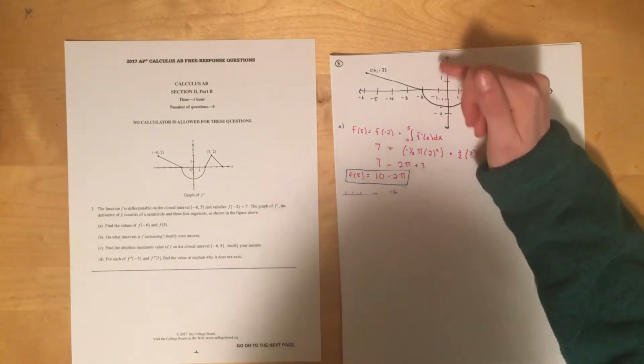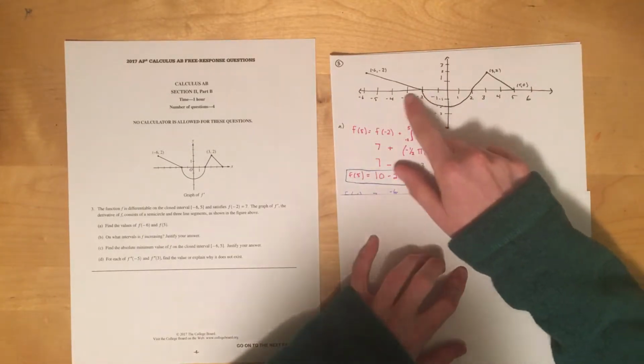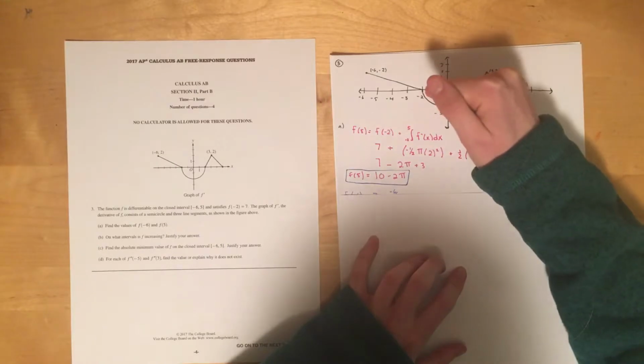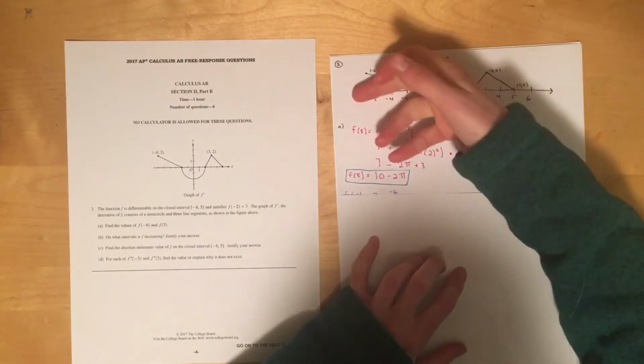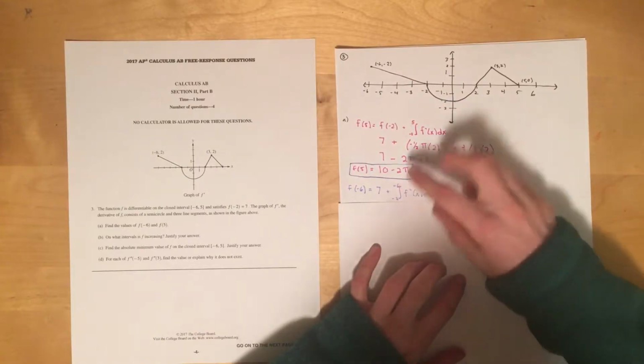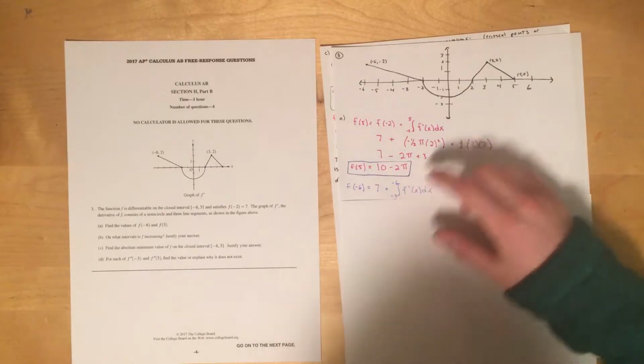Now we have to go to f of -6, which is a little bit more tricky. We're going from our basic knowledge that f of -2 is 7, but this time we have to go backwards. We would add the integral from -2 to -6 to calculate that change. But that's not the right order, as we usually go from the lesser number to the greater number.